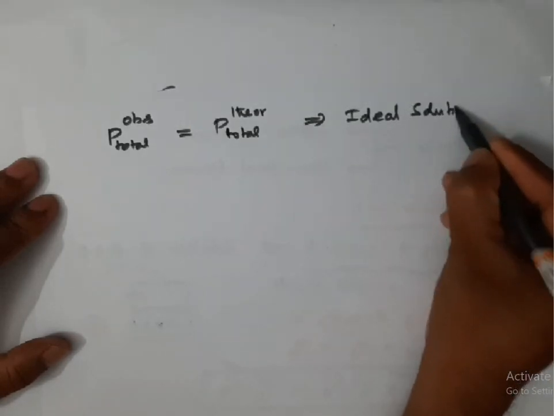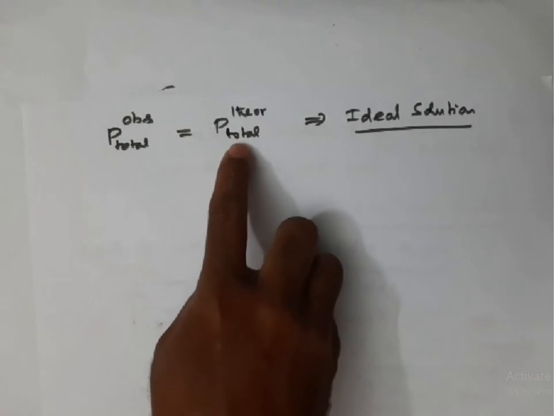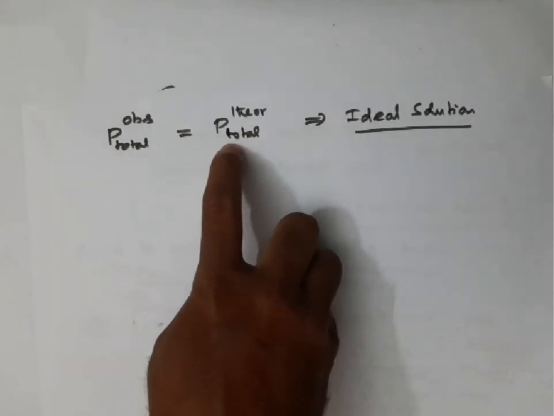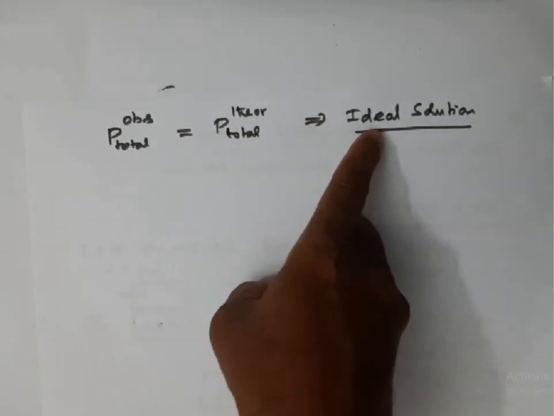Students, note down, very, very important. If the experimentally measured total pressure is equal to the theoretical total pressure, meaning total pressure calculated using Raoult's law, we call that solution an ideal solution.